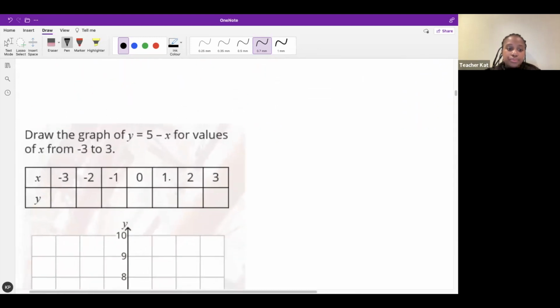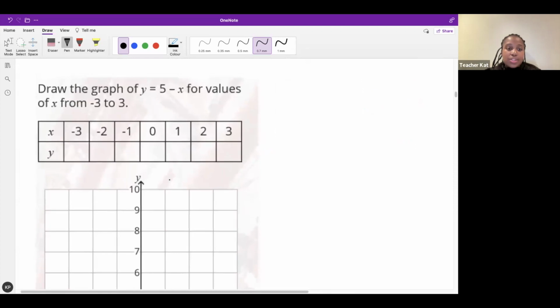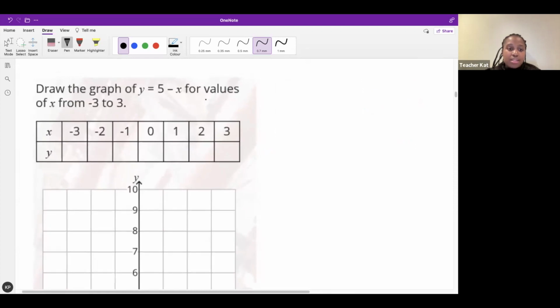Now, the next one says, draw the graph of 5 minus x for the values from -3 to 3. Luckily, they've given us a table already. So if you don't have a table, that would be a first step, right? You would have to firstly draw a table so that you can find your coordinates. Now let's start with the first one.